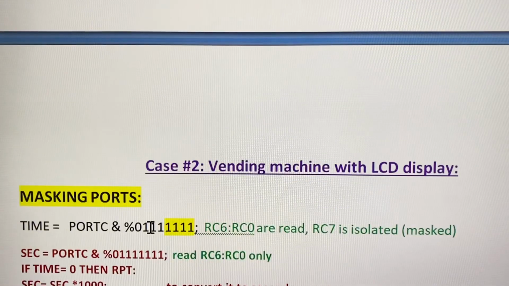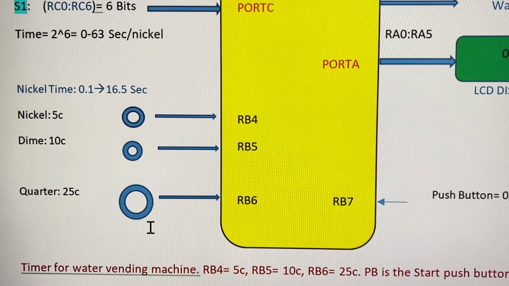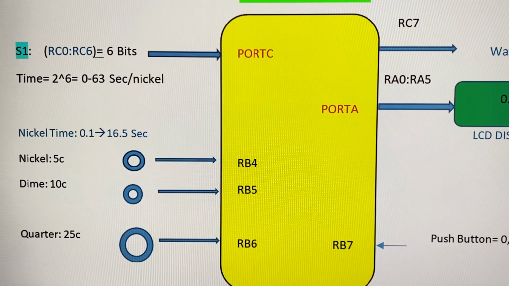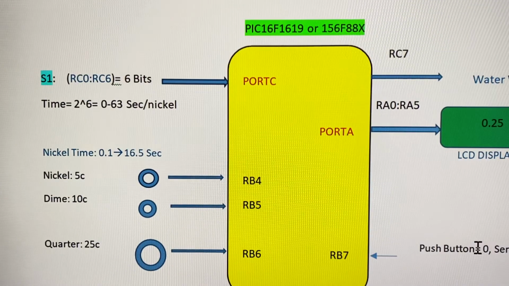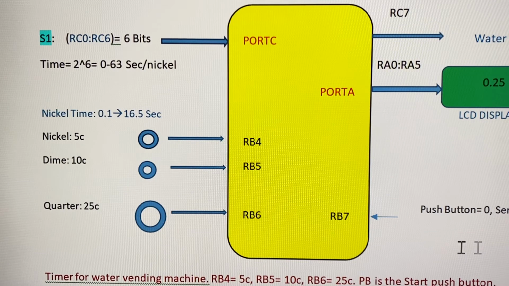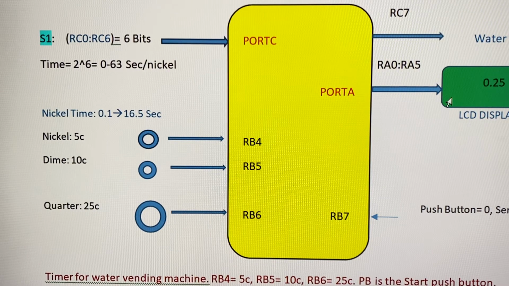Of course, this is the first circuit we saw at the beginning of this video. This is where we have port C, the 3 types of coins, RB7 where the user presses the push button, RC7 is the output, and port A is the LCD display.